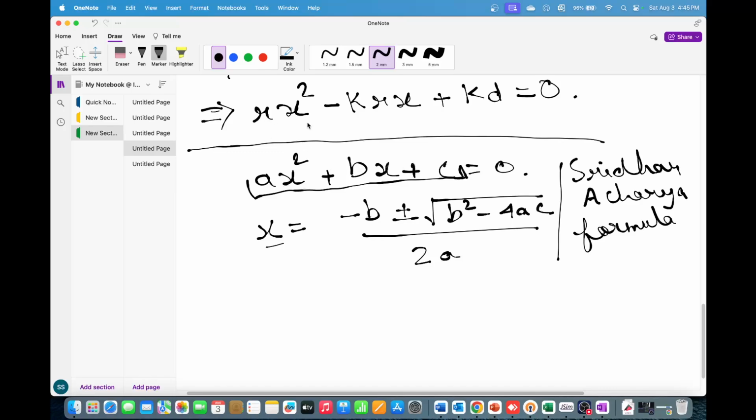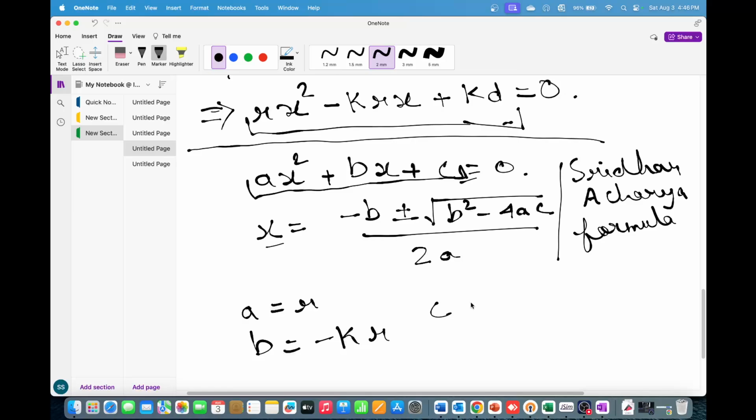So in our case, if you try to compare this equation with the lower one, a is given by r, b is given by -kr, and c is given by kd.